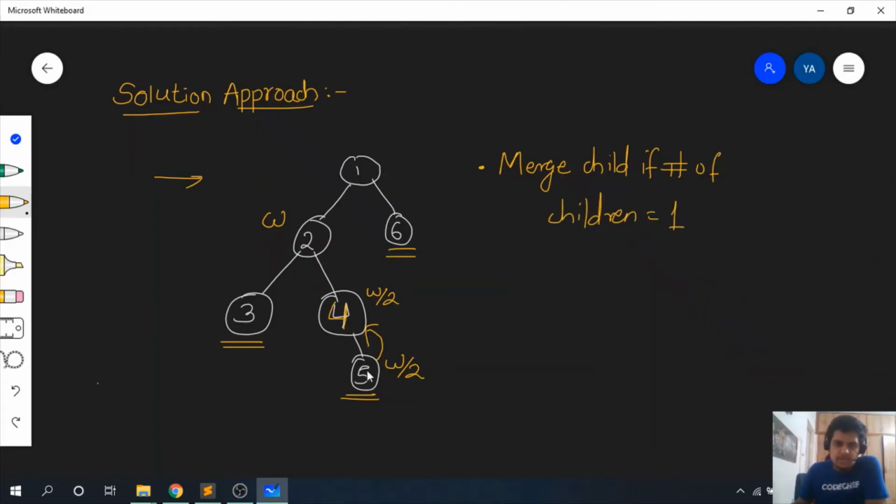So just merge node 5 into 4. Okay, and then our tree will look something like this. While doing this, we have to take care that the queries addressed to node 5 should get redirected to node 4. This can be easily tweaked in the code, right? So let us proceed.